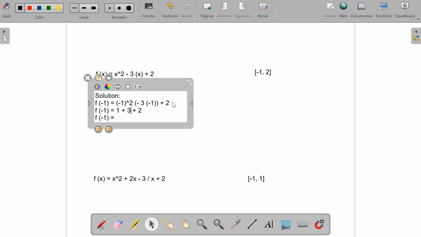And 3 times 1 is 3, plus 2, and we have 1 plus 3 plus 2, which is equal to 4 plus 2, which is equal to 6.